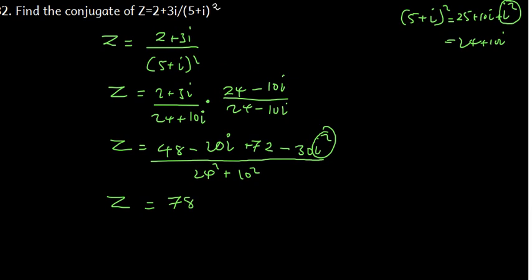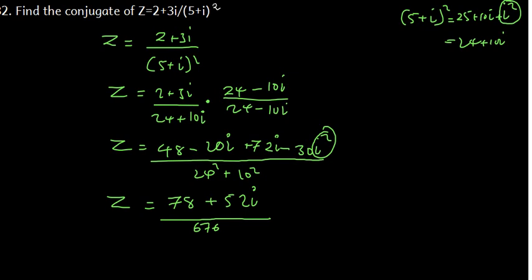Now negative 20i plus 72i, that is the same as 72 minus 20, which will be a 52i, and that will now be divided by 24 squared plus 10 squared, 676.